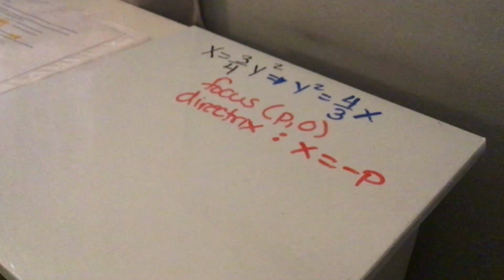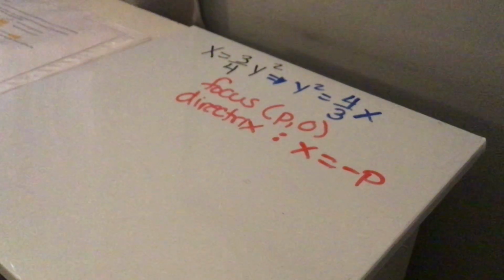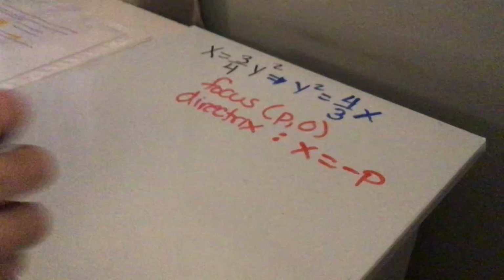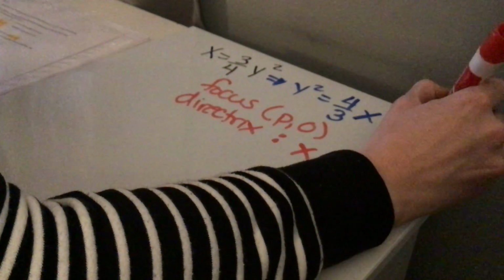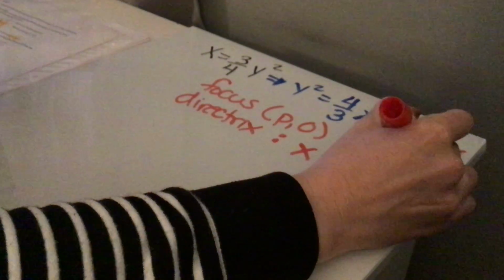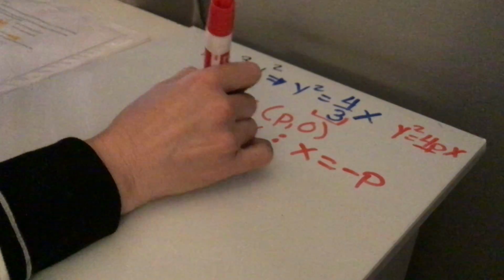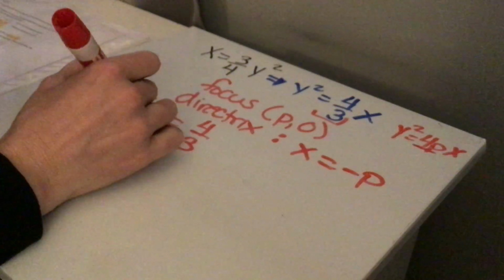So for the focus and the directrix, you need the value of p. P is the distance from the vertex to the focus, or the vertex to the directrix. Okay? So in standard form, y squared equals 4px. So what this tells us is that 4p is equal to this number. So 4p equals 4/3. How do you get p by itself? Well, you divide by 4.